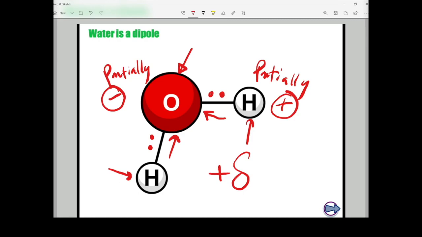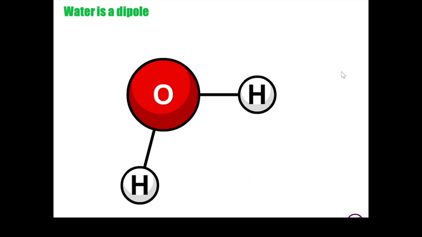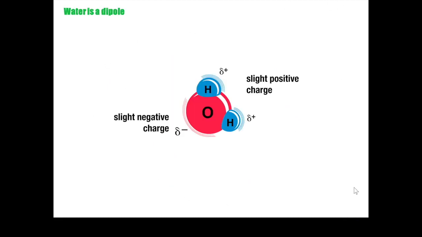So having two poles within the same molecule, where di means two, makes water dipole. Di means having two poles, a partial negative pole and a partial positive pole. So that's the way the water molecule is arranged. You have slight negative and slight positive charges within the same formula.